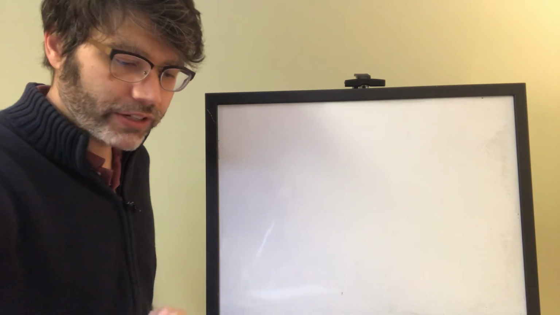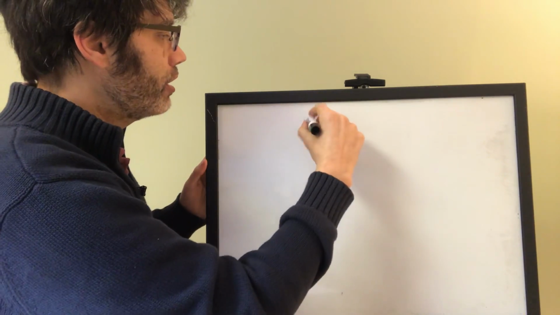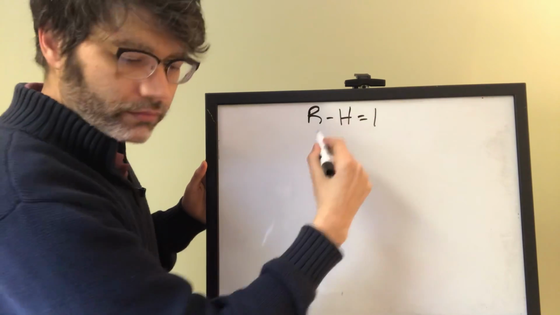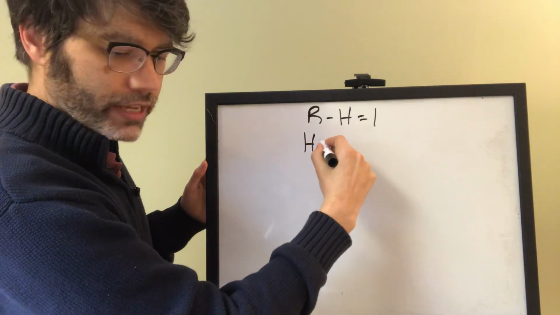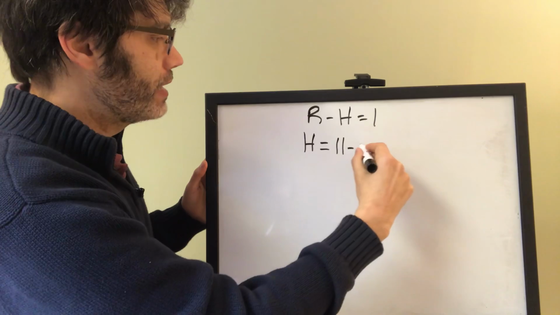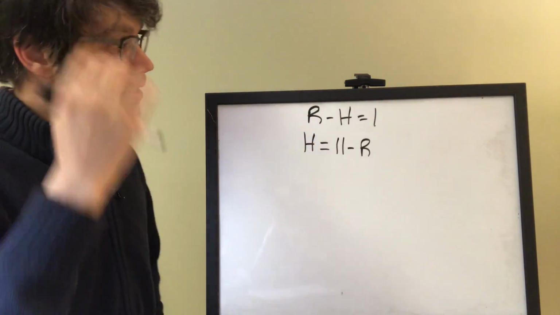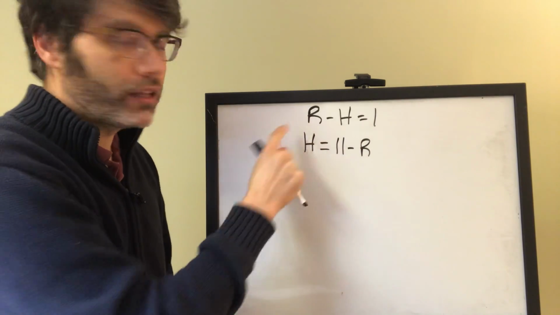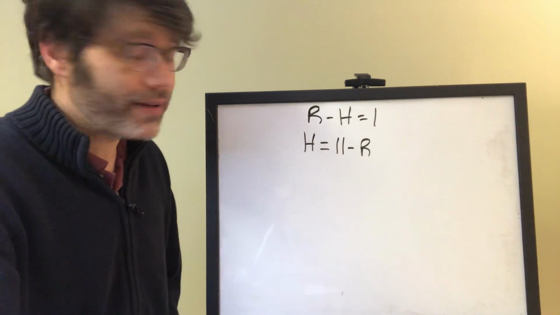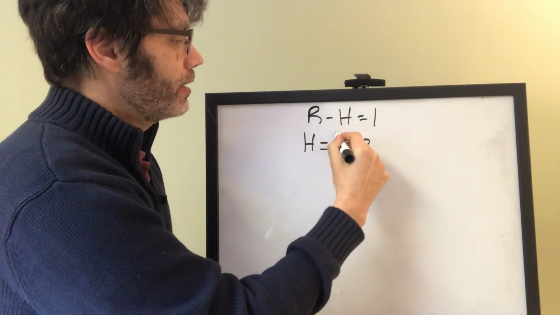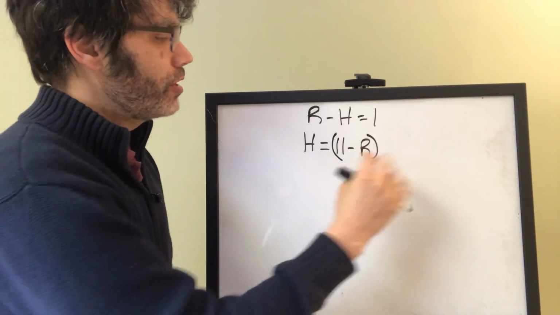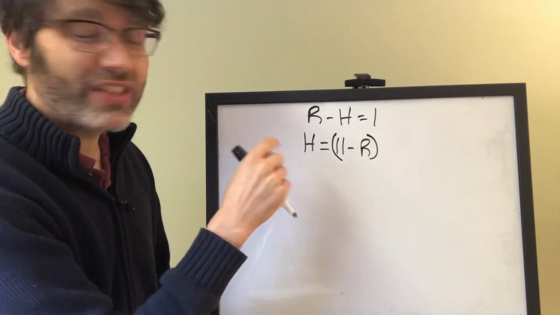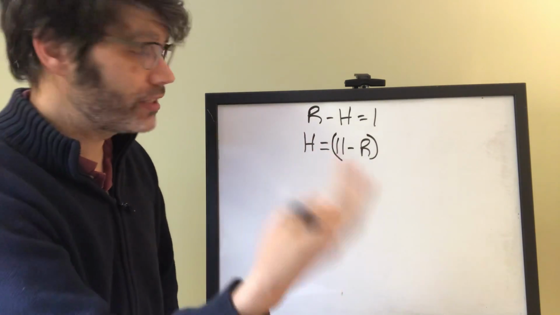Okay, here's another example. What if we have r minus h equals 1, and we have h equals 11 minus r? So here, using the substitution method, do you see that we already have h being alone here? So let's use that. Remember, let's put our parentheses around it so we have this package is equal to h. Then it's easier to visually substitute.